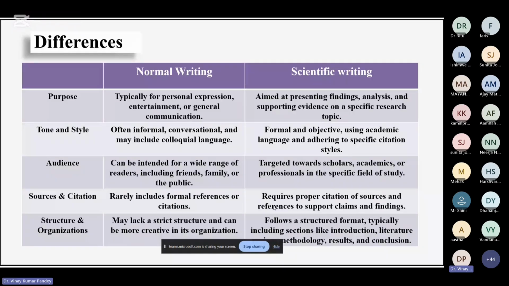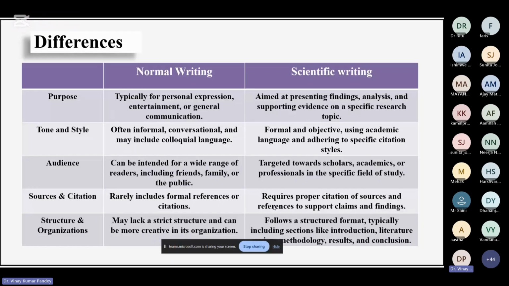First of all, you should know what the purpose of your writing is, right? And there's always a different purpose, a different tone and style, audience, sources, and structure for normal writing and scientific writing. Whenever you aim to represent your research data, your analysis, your evidence, whatever you have gained through your experiments, it's called scientific writing, right?